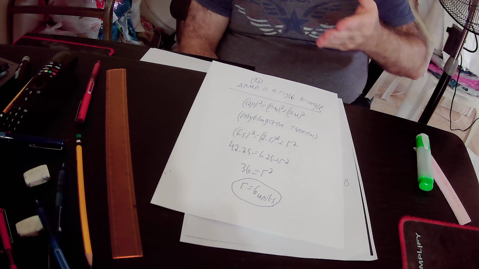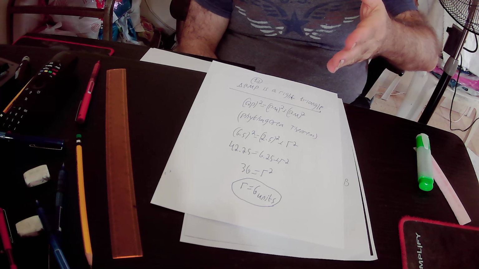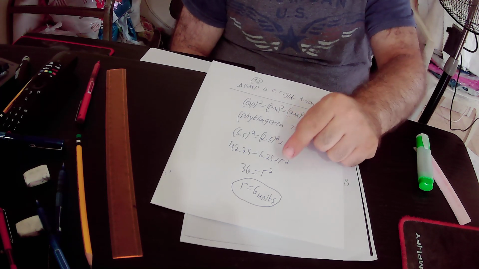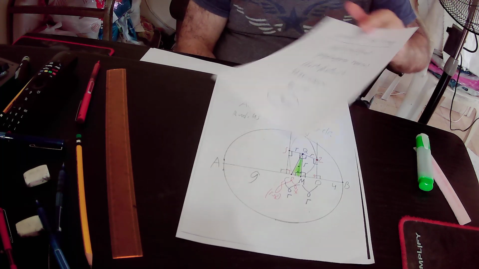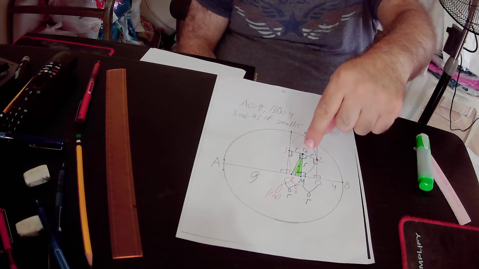So we solved this simple equality and we arrived at the final result that the radius of the small circle equals 6 units. Again, the radius of this small circle equals 6 units.